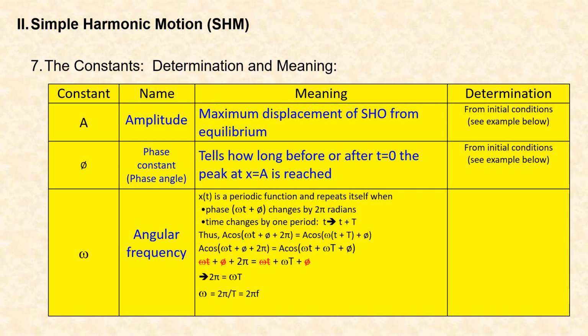You saw that there was a relationship between the frequency and the period as well. Like we said before, omega is typically determined in most problems from the spring constant and the mass, which will be given to you in the problem.